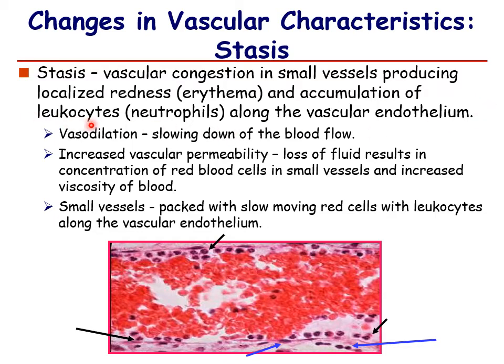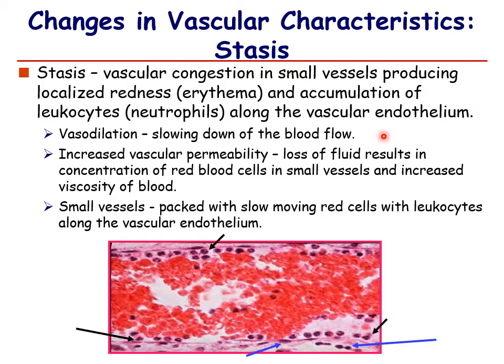The predominant population of the leukocytes are neutrophils. So how does this occur? In other words, how do vasodilation and increased vascular permeability lead to a condition called stasis?